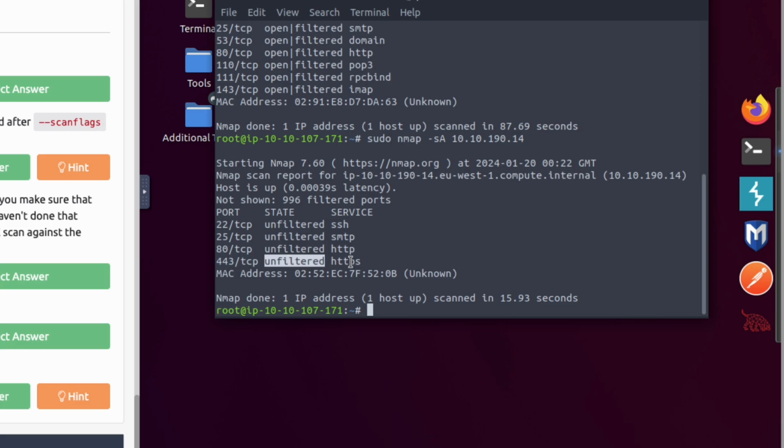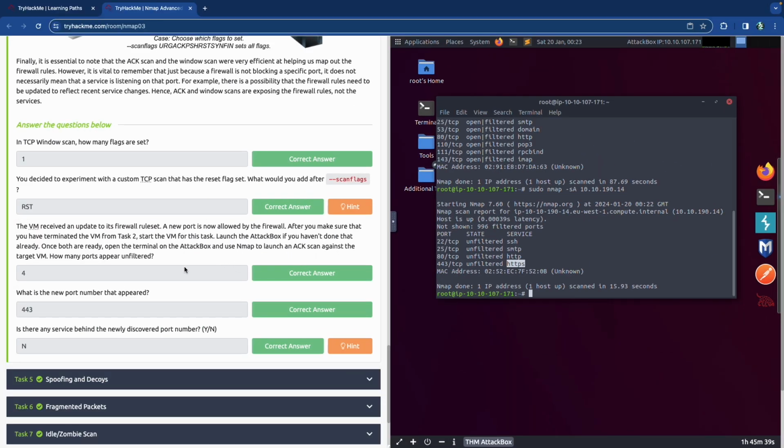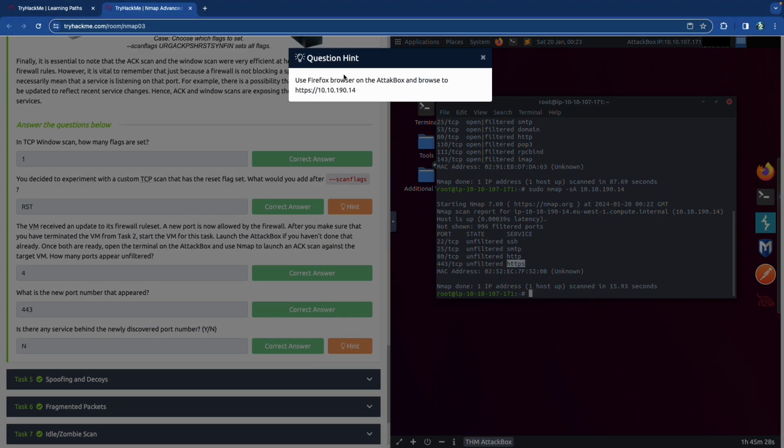It's unfiltered. The service is HTTPS, so it does give us the service behind the port number, but I guess it says that there's no service behind the port number, and the hint is, oh, I see. So to actually browse to it, that's what they're implying.